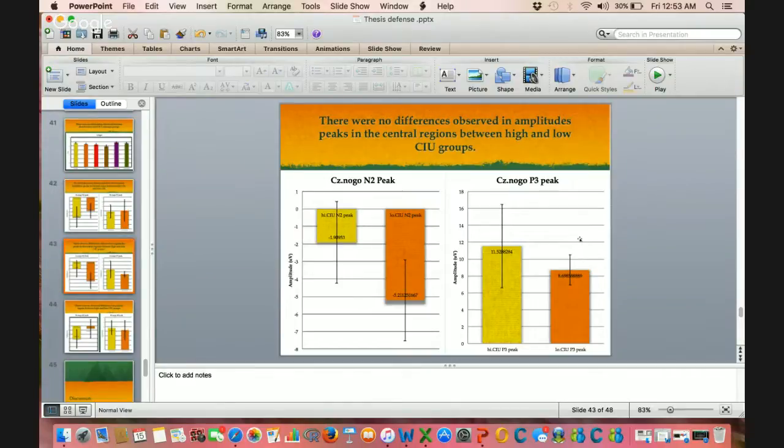So then we looked at the central region of the brain, and even in this area, a similar pattern is going on. High compulsive internet users had a greater N2 peak, and you also see a higher P3 amplitude, but there was no correlation observed here as well.